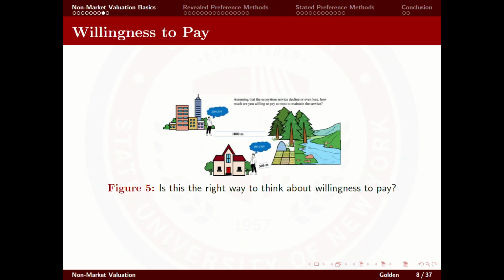Willingness to pay. One way to think about willingness to pay is that you ask someone how much they're willing to pay. You say, how much are you willing to pay to look at a tree or have the existence of a forest?